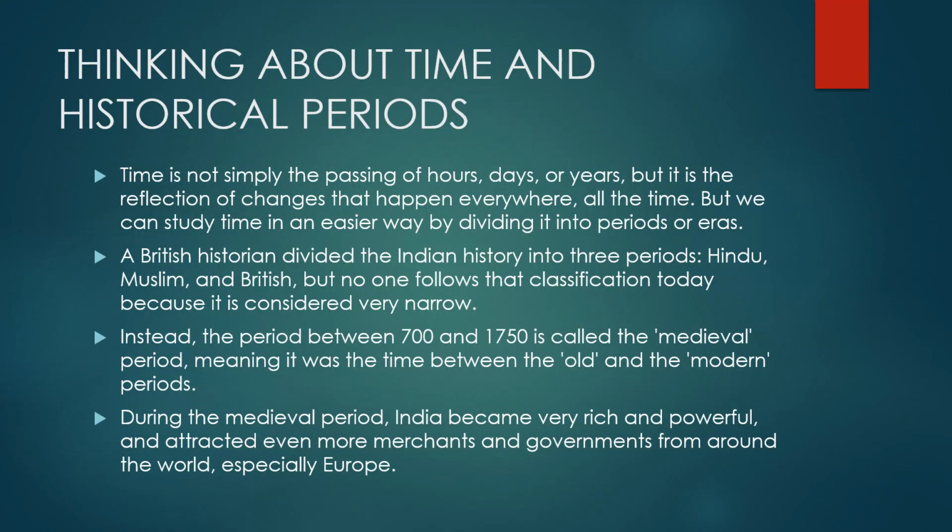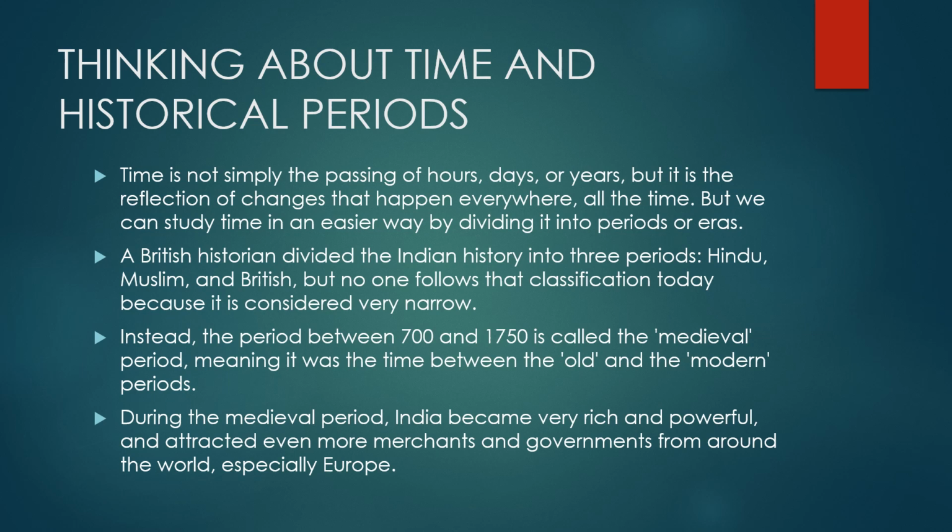Thinking about time and historical periods. Time is not simply the passing of hours, days, or years, but it is the reflection of changes that happen everywhere, all the time. But we can study time in an easier way by dividing it into periods or eras. A British historian divided Indian history into three periods: Hindu, Muslim, and British, but no one follows that classification today because it is considered very narrow.